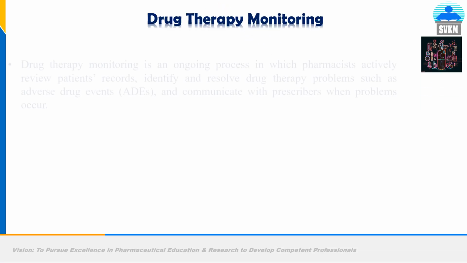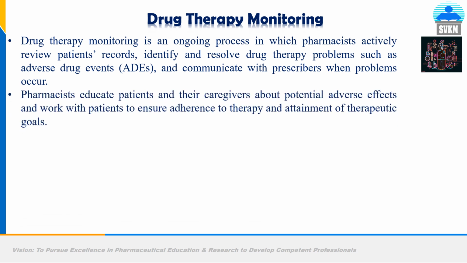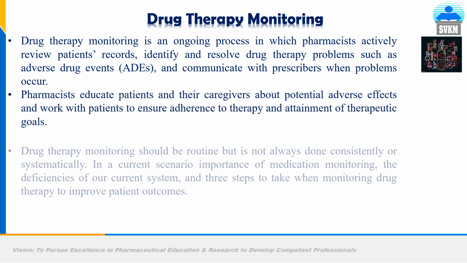So in drug therapy monitoring, the pharmacist actively reviews the patient profile records, identifying and resolving patient problems related to issues like adverse drug events, and communicates with the prescribers. Then the pharmacist educates the patient, which we already discussed.